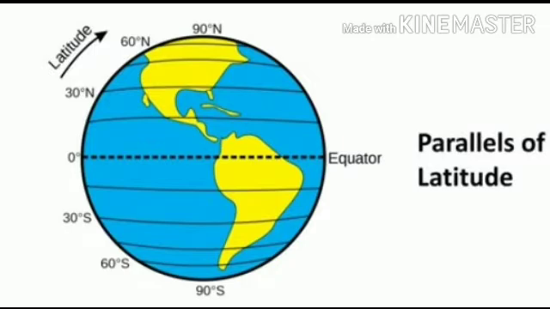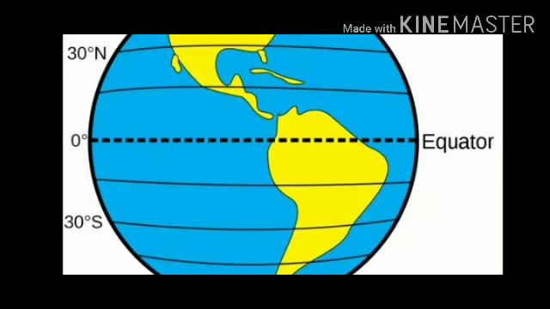All parallels north of the equator are called north latitudes. Similarly, all parallels, here what I am referring to as parallels are the parallel lines which we are drawing. It is an imaginary line which is used to measure. So these parallel lines which are at the south of the equator are called south latitudes. I told you that latitude is measured using degrees, right?